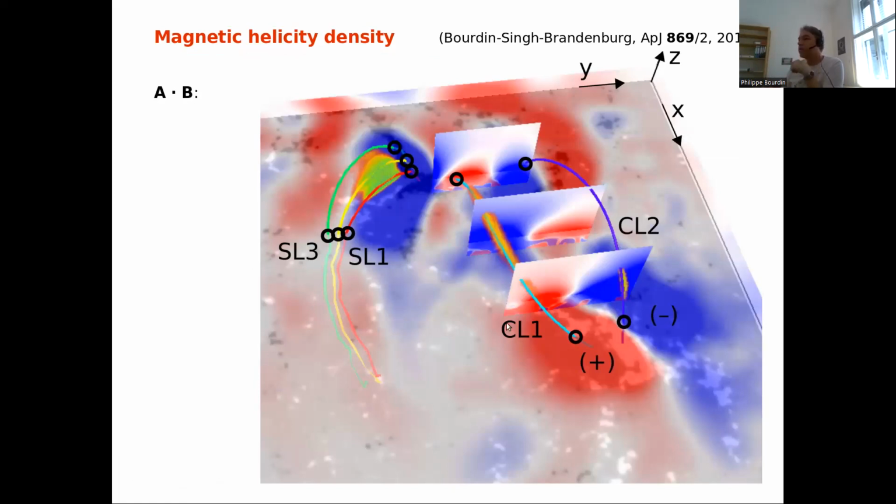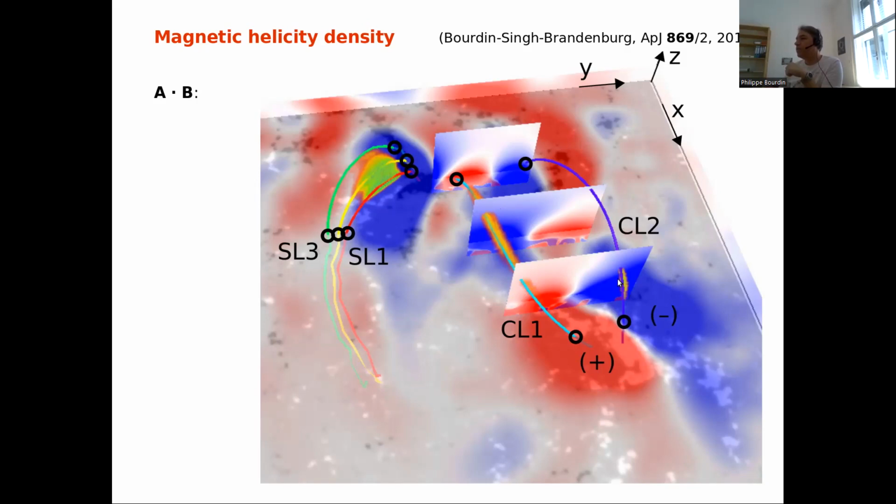What we see, if we again look at the colors, is that red means positive, or you could say right-handed helicity if you want, and blue means exactly the other handedness of the helicity. What we see is the main loop here in the core, which is this field line again. This one is rooted in helicity that is positive at the base, but in the corona, the helicity along that field line is actually negative. So it's of opposite sign.